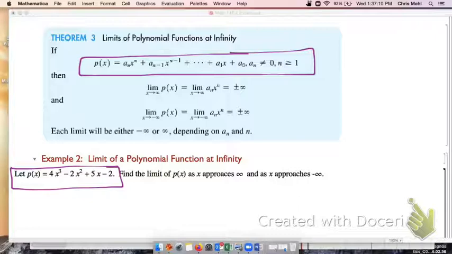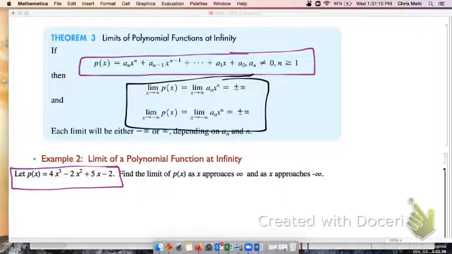Now, these are the limits that describe the end behavior of the polynomial. Polynomial functions either rise or fall on the ends.